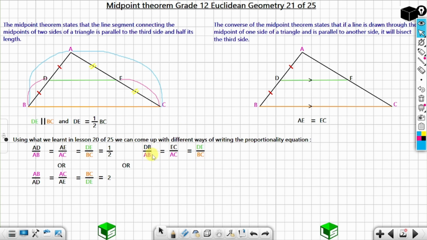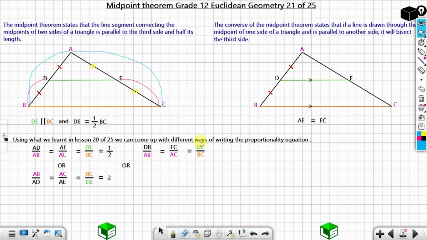You have to see that you have a portion of the sides over the entire sides, equal to a portion over the entire sides. Smaller over bigger, smaller over bigger.